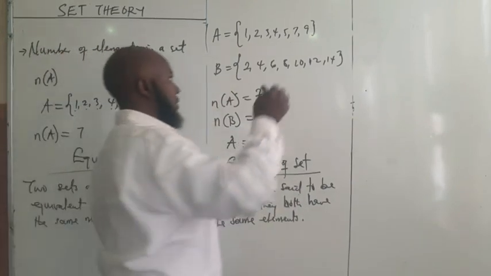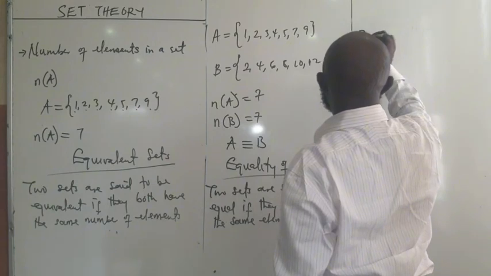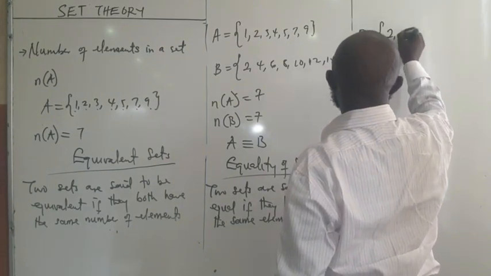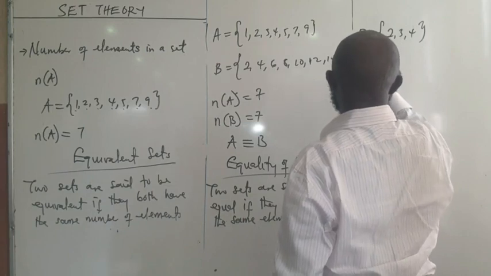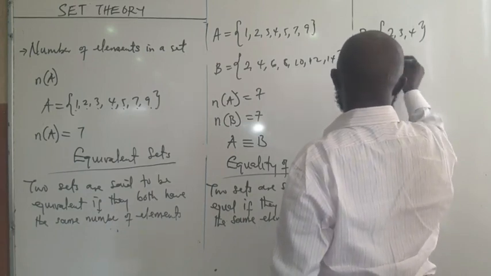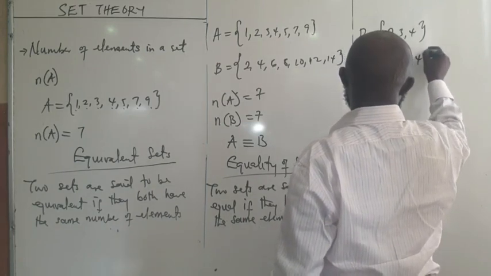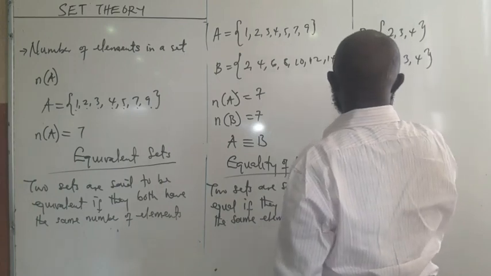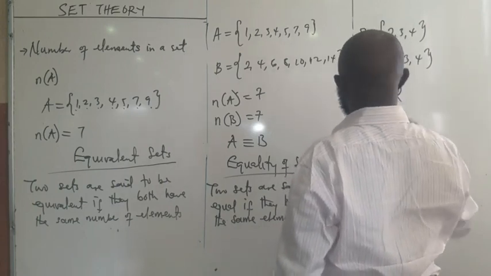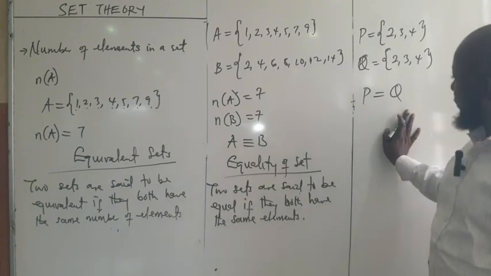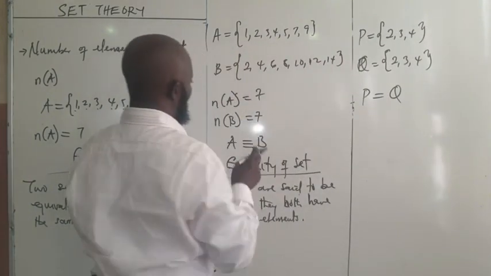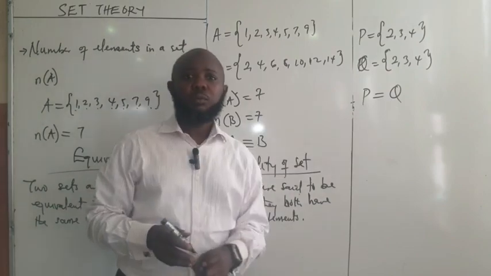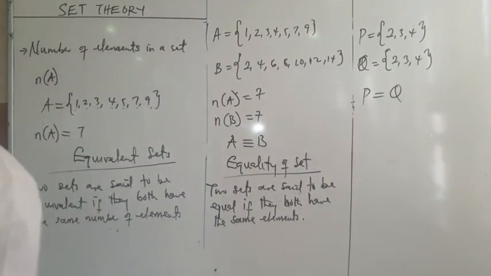So if set P is 2, 3, 4, and set Q is 2, 3, 4, we can say that P is equal to Q. This is what we call equality. Note that I used three lines for equivalent, and this one is equal. P is equal to Q.